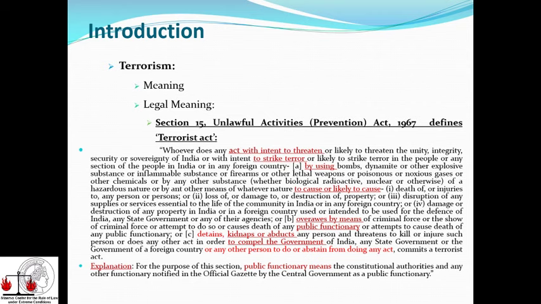Now the question arises, why are terrorists attacking civilians instead of attacking the government system, which traditionally was the objective of terrorists? The reason behind it is that nowadays the democratic system is progressing in almost every part of the world, and every democratic system works only with the help of the population.